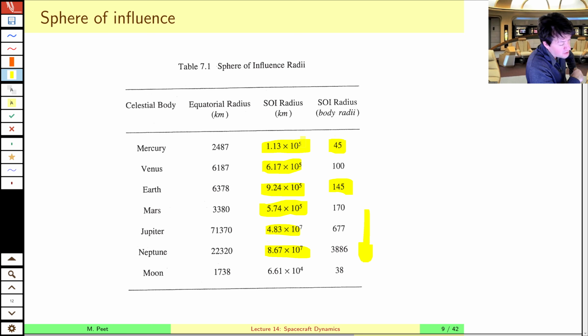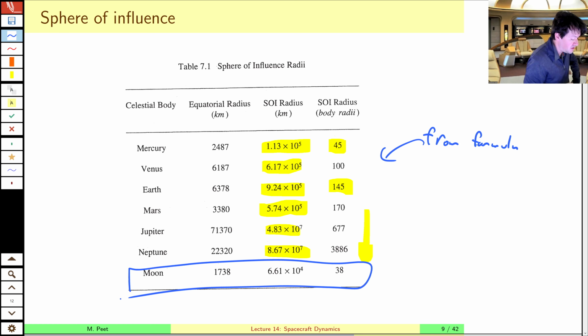So you have to be pretty close to Mercury to actually be in orbit around Mercury. And these are just applications of the formula, except for this one, of course, which is a little bit different. That's the moon. The moon's sphere of influence is not very big at all, 66,000 kilometers.